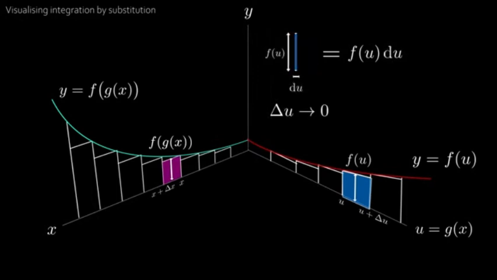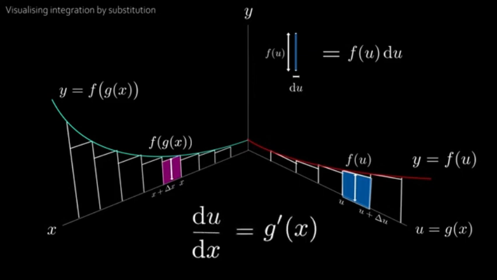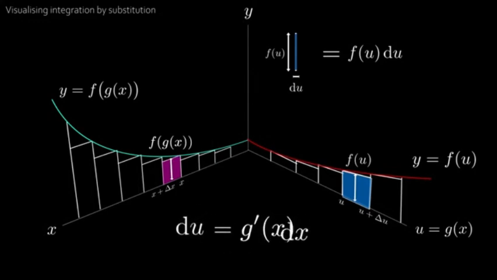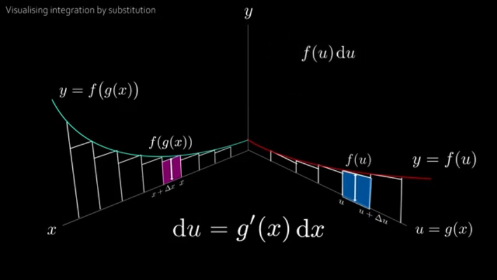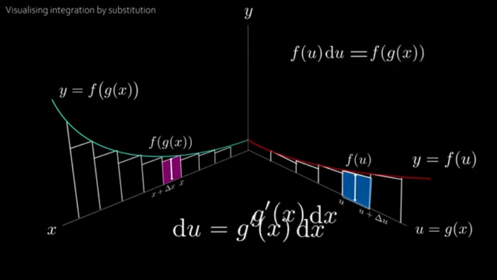Now what we also know is that du by dx is equal to the derivative of g, since u is g of x, and then multiplying by dx across gives du equal to g dash x dx, which means f of u du is equal to f of g of x, as both rectangles are the same height, times g dash of x dx.